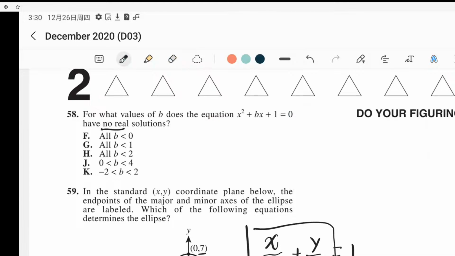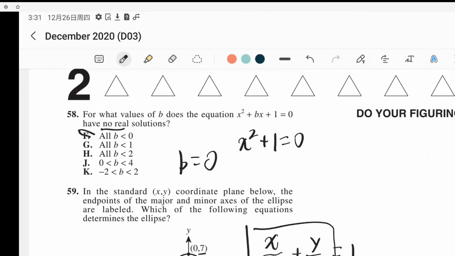Let's derive this question. So we know that for b equals 0, this is true because this has no real solution. Less than 0. So we could tell that F is not true because for b equals 0, this thing has no real solution.